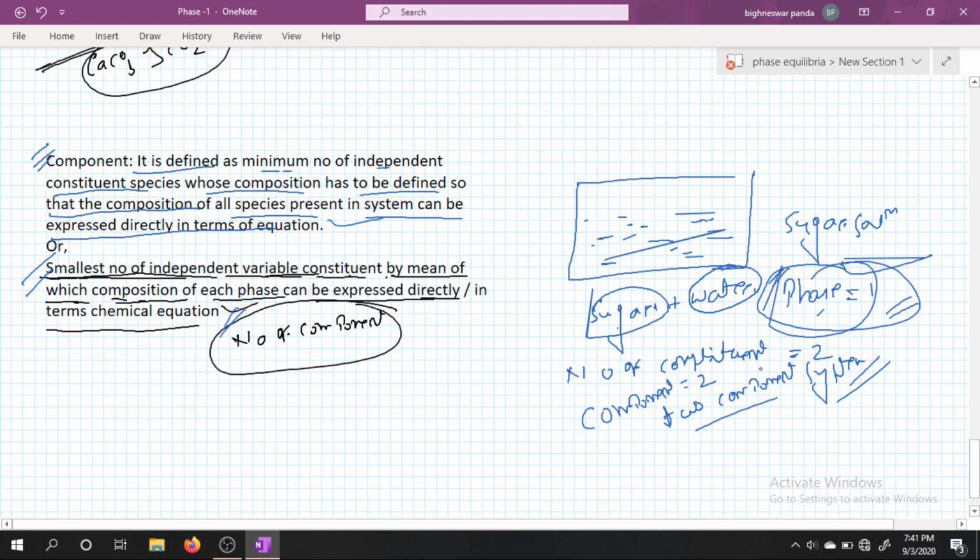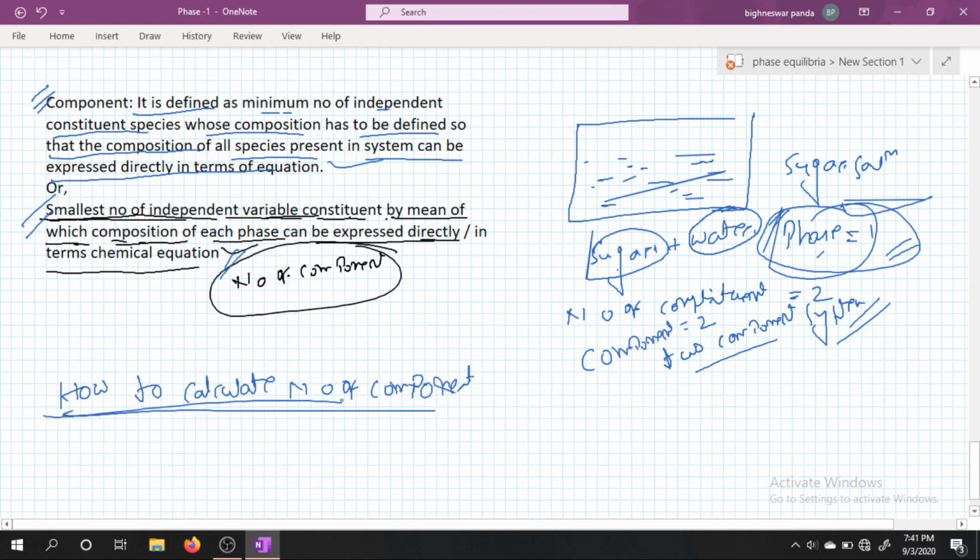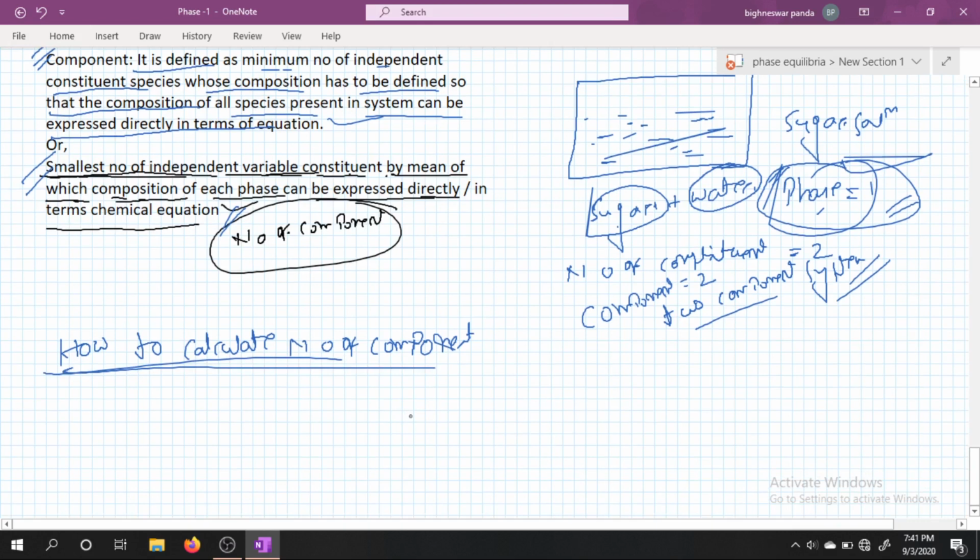So how to calculate the number of components? In order to calculate the number of components, we have two conditions.